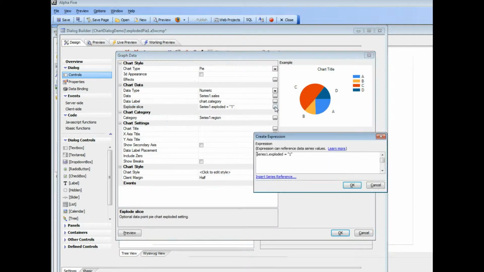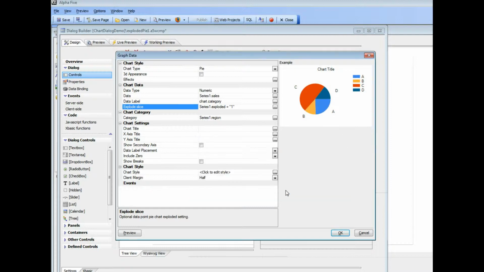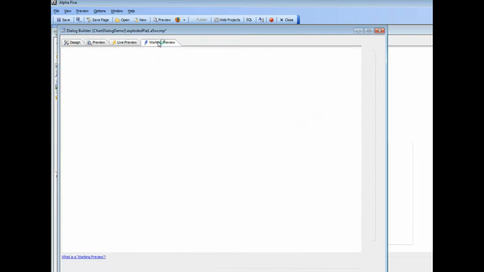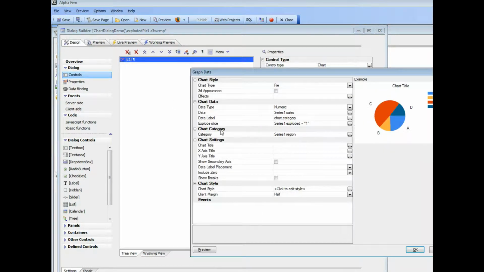This is basically any expression that when true will cause the pie slice to be exploded. Now if we run this, we should see that there are two slices on our pie that have been exploded.